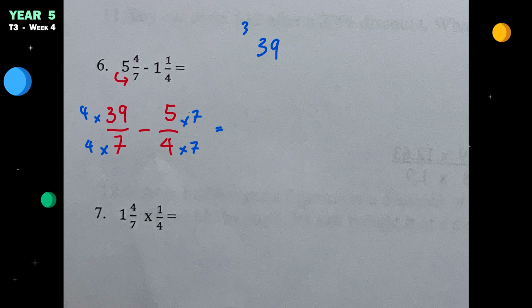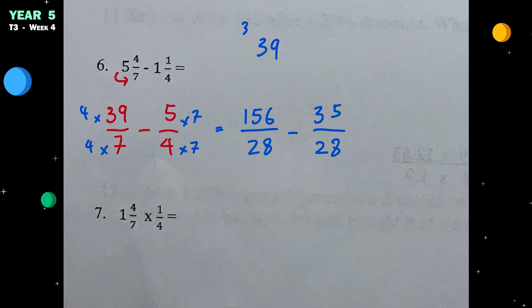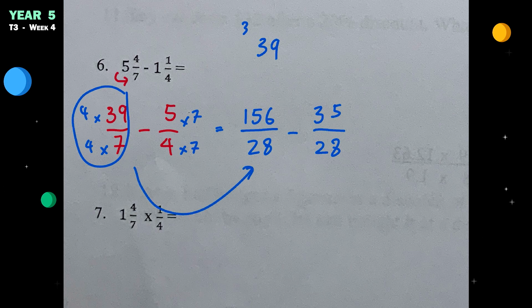Okay. So 156 over 4 times 7 is 28, minus 5 times 7 is 35 over 28. So all I did was change that into that and change that into that.